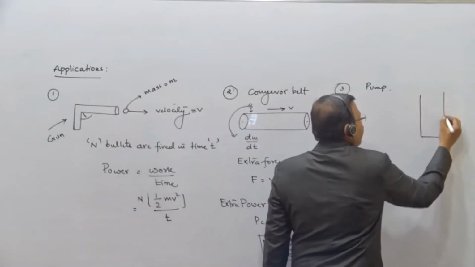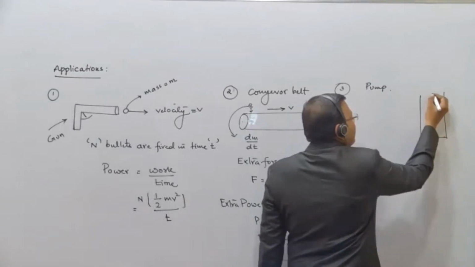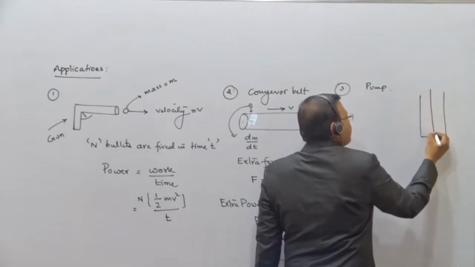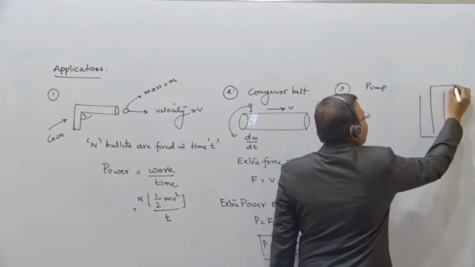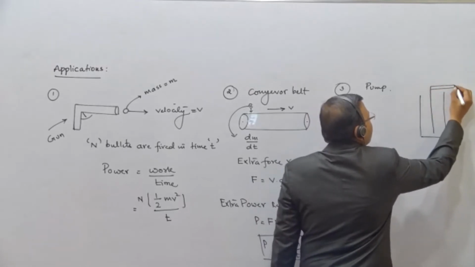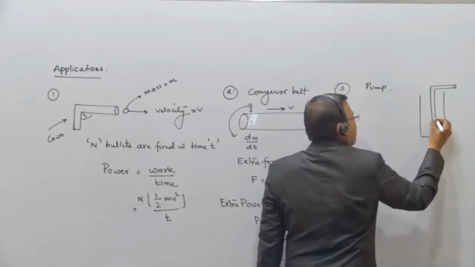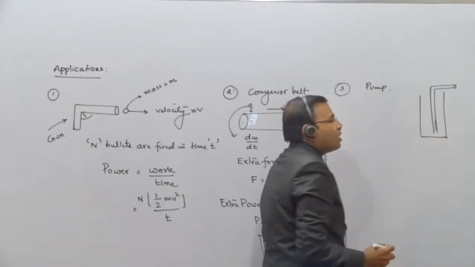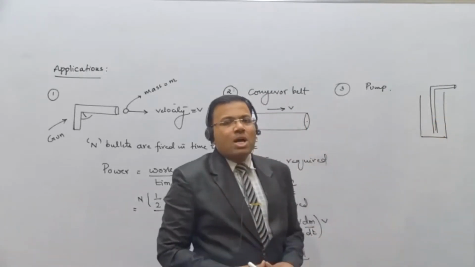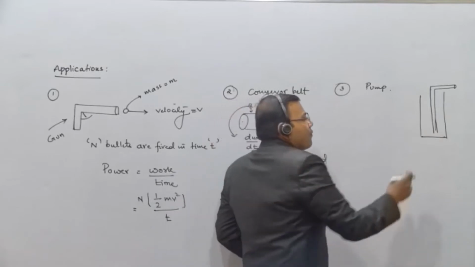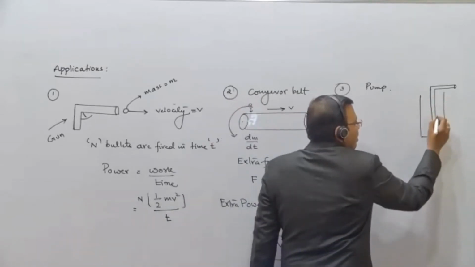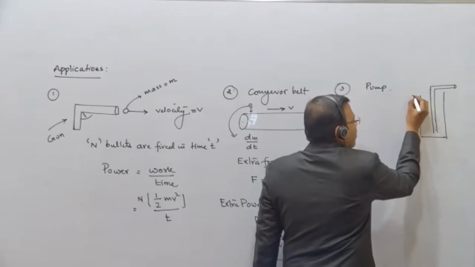This is a well, and here we are having one pump. This is the pump. This pump is taking water of, suppose, mass m, from the depth of this well.